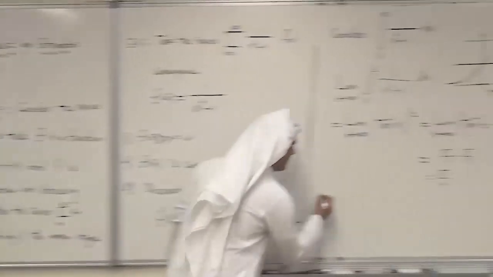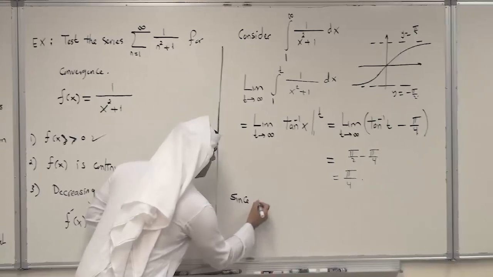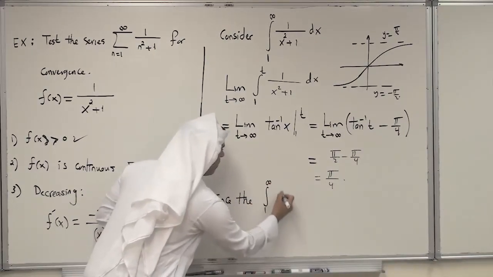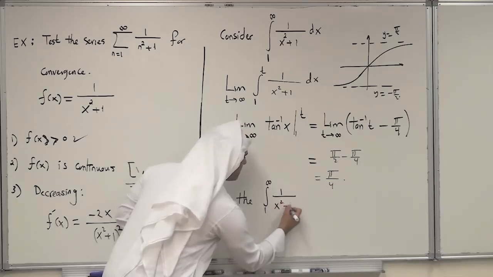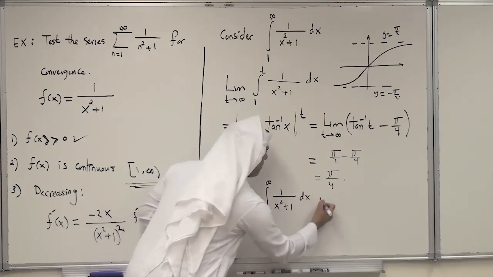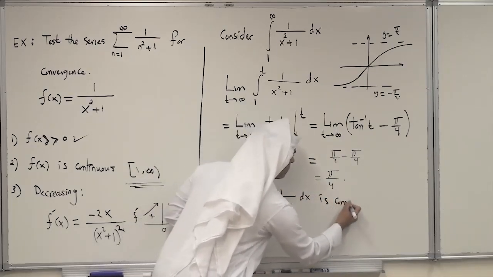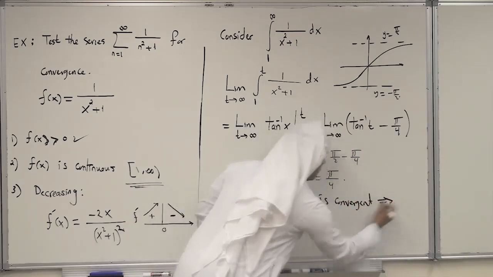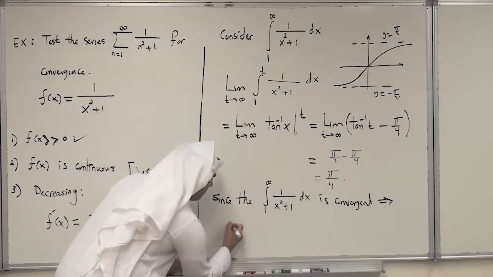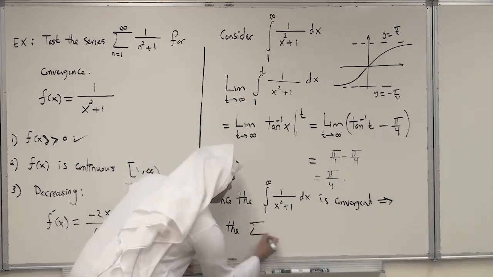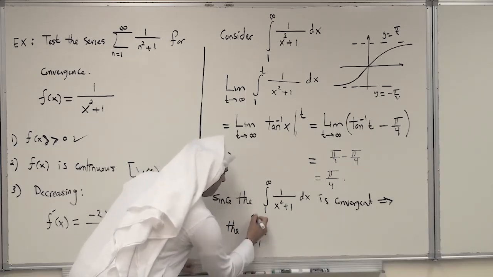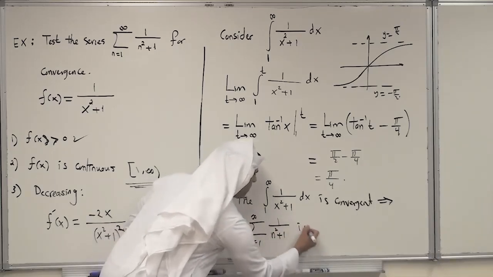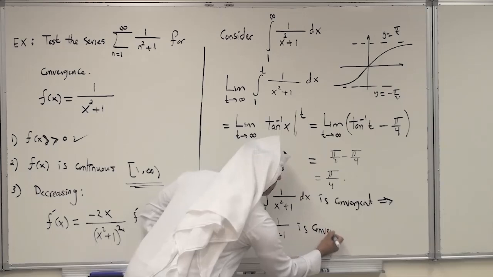So we'll say here, since the improper integral, the integral from 1 to infinity of 1 over x squared plus 1 dx is convergent, this implies the series we have, which is the series from n equal to 1 up to infinity of 1 over n squared plus 1, is convergent.